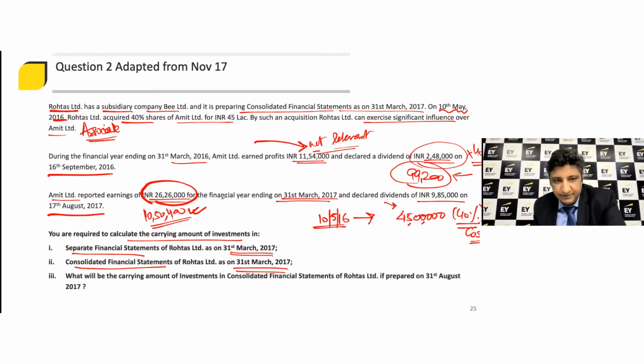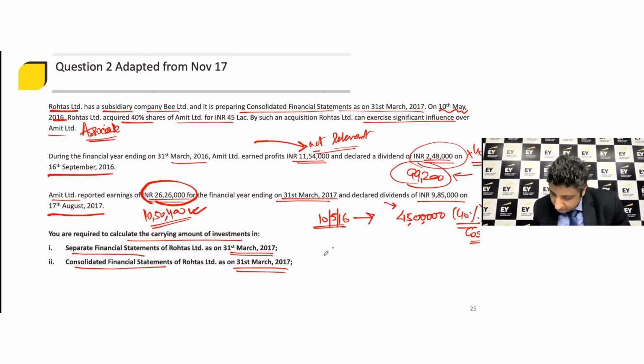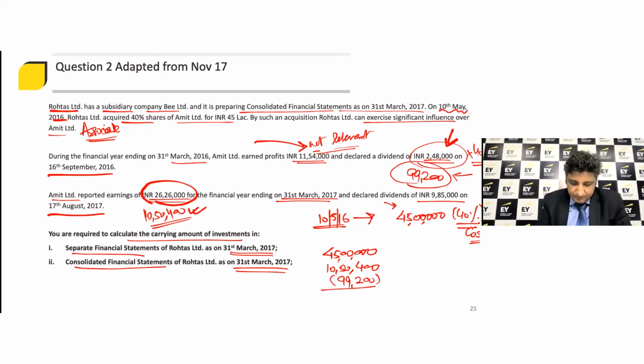So effectively, your original cost was 45 lakh, and then there is a share of profit of 10,50,400. But you also recovered a dividend of 99,200. So this gives us a total of 54,51,200.